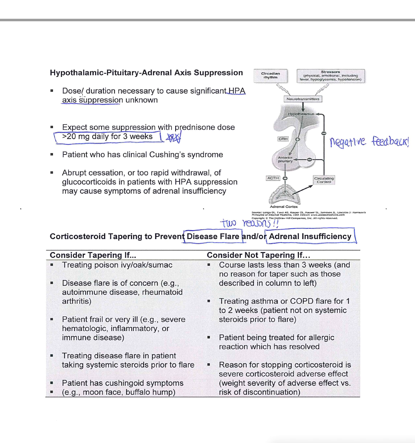So the exact dose and duration for HPA axis suppression is really unknown, but we know that any supraphysiologic dose, anything more than our natural cortisol level, even one dose of it can cause HPA axis suppression. However, when it's been given for longer term, that causes adrenal atrophy, kind of similar to muscle atrophy.